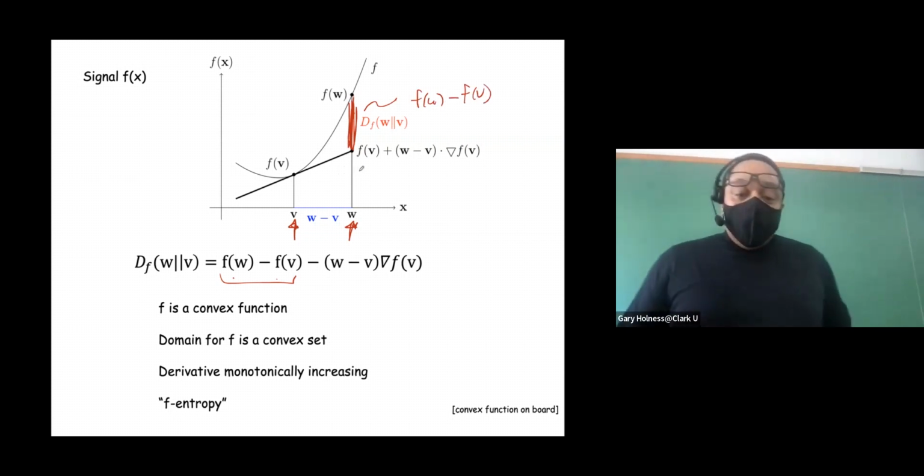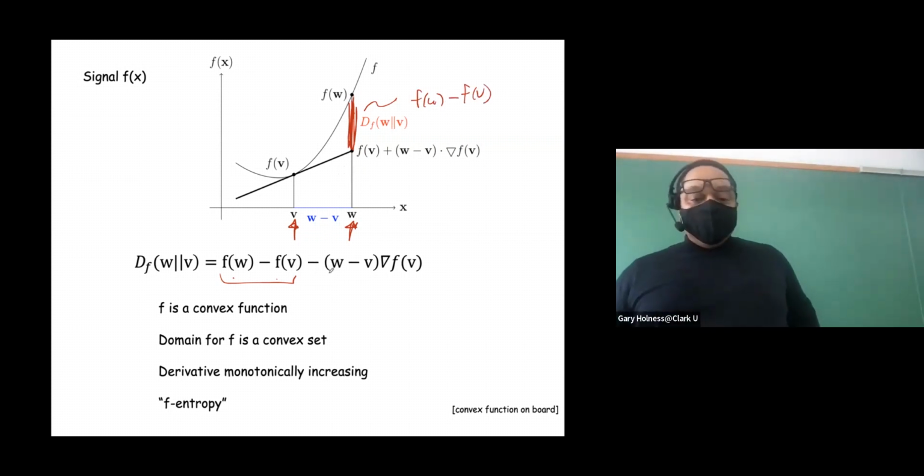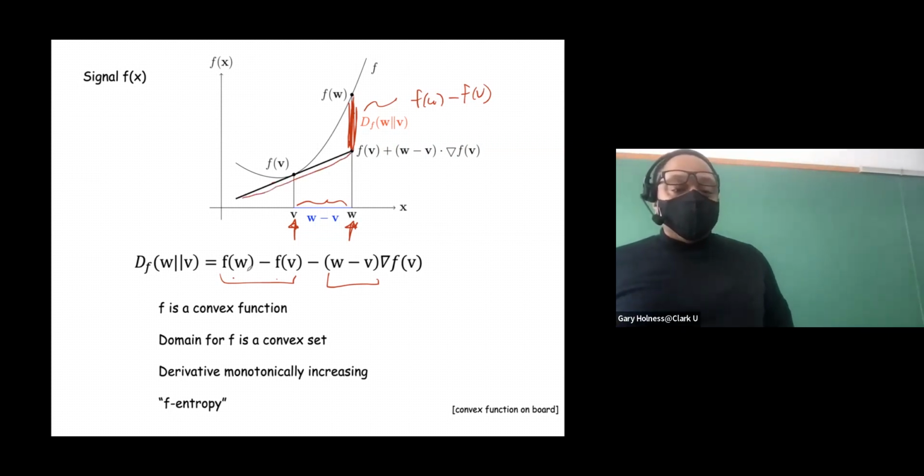Now, this other part, minus what? We have w minus v, that's this distance, and then we have the gradient or the slope of f at point v. That's this line. And so what this Bregman divergence is telling you is the difference between the change in value of the function and that linear assumption starting at point v.